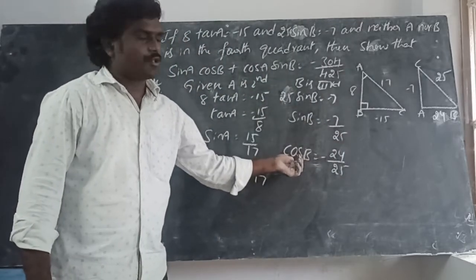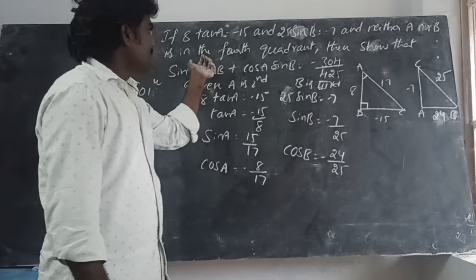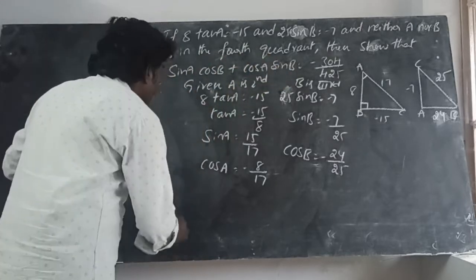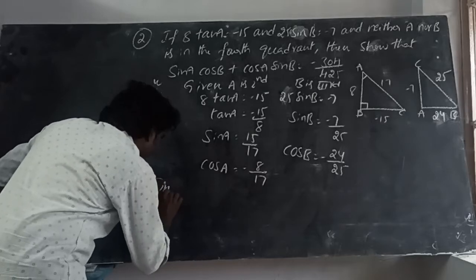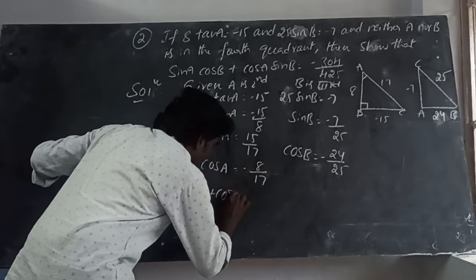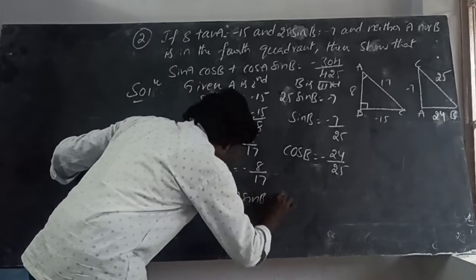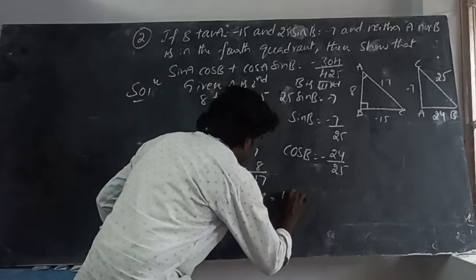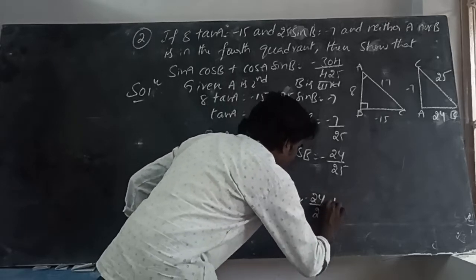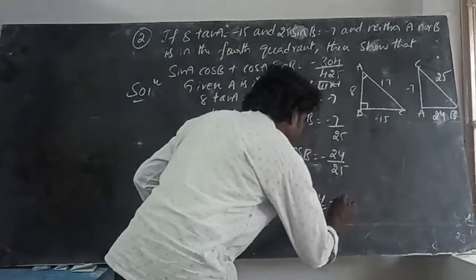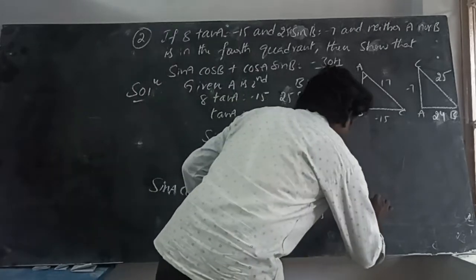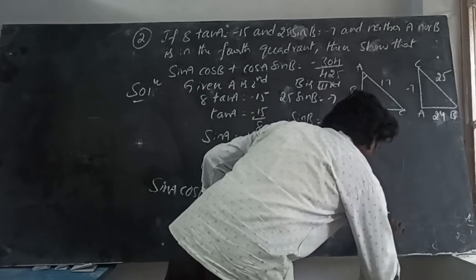Okay, so here what they are asking is to show that sin a cos b plus cos a sin b. Sin a is 15 by 17, cos b is minus 24 by 25, plus cos a is minus 8 by 17, sin b is minus 7 by 25.